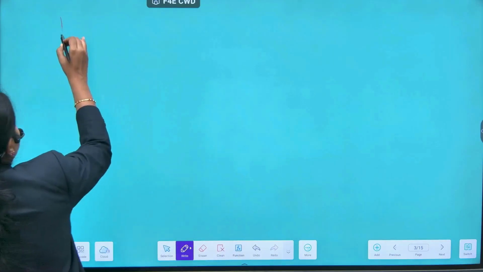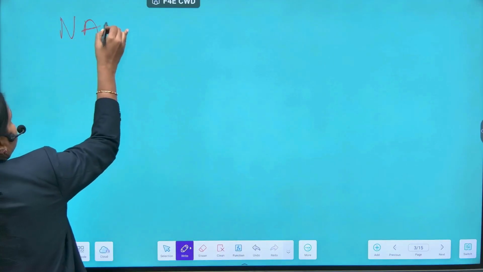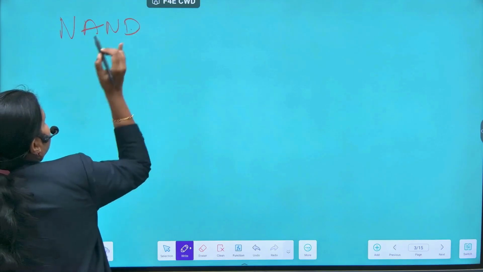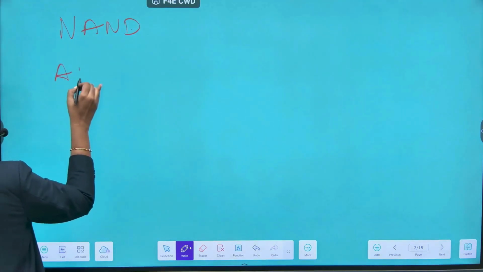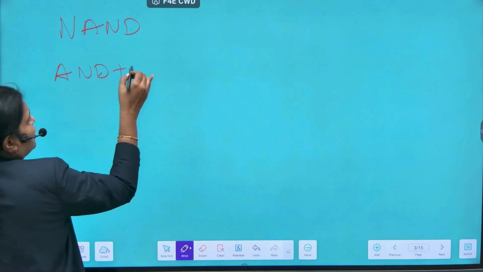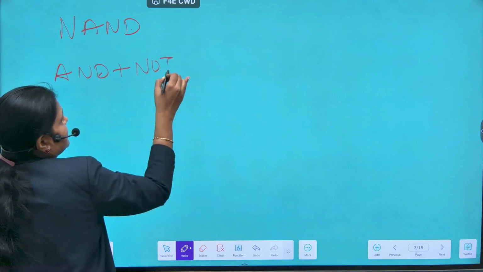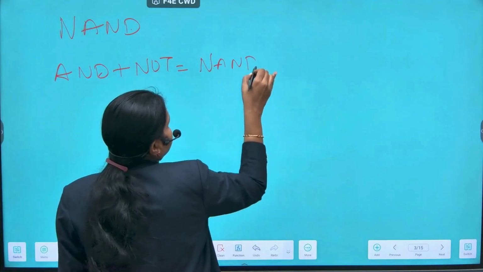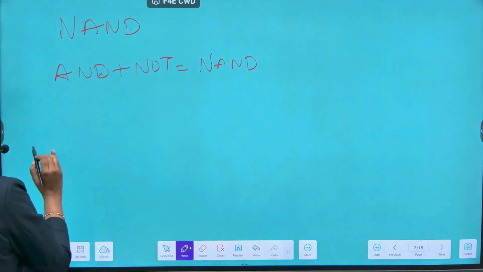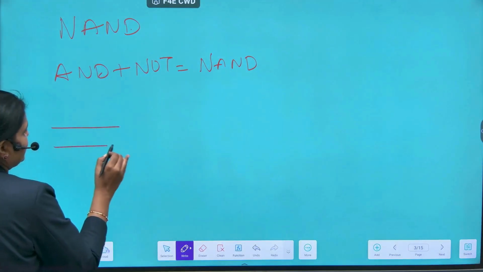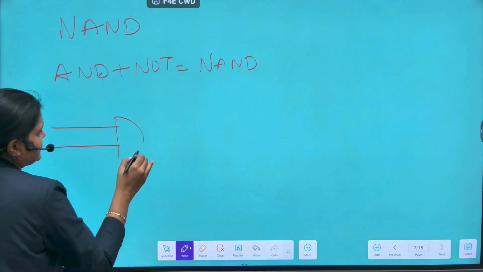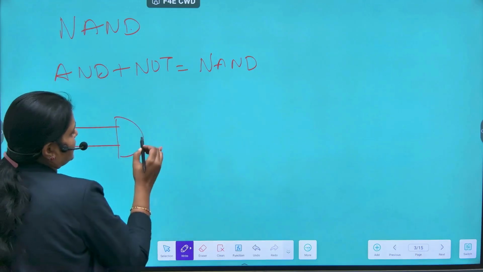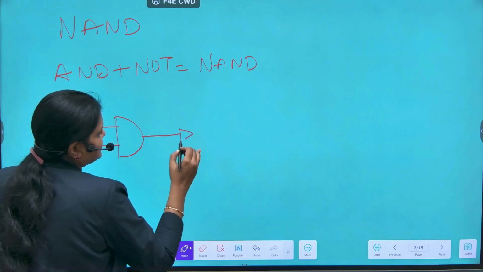So what is the NAND gate? AND plus NOT gate gives me the NAND gate. First let us draw the AND gate. This is the AND gate plus the NOT gate.